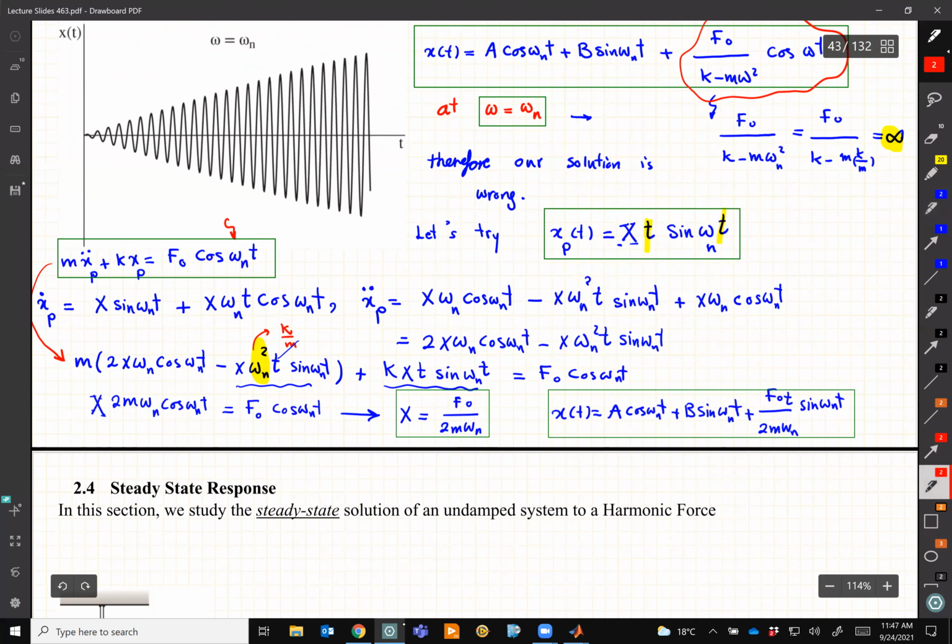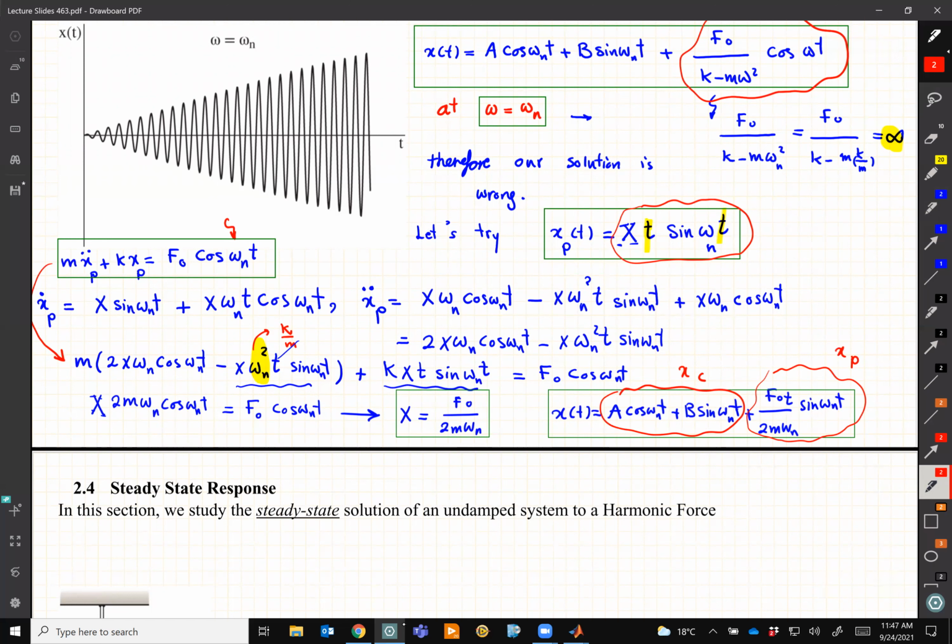Remember, this is our xp, and this part here is xc, where we said our answer is xp plus xc.